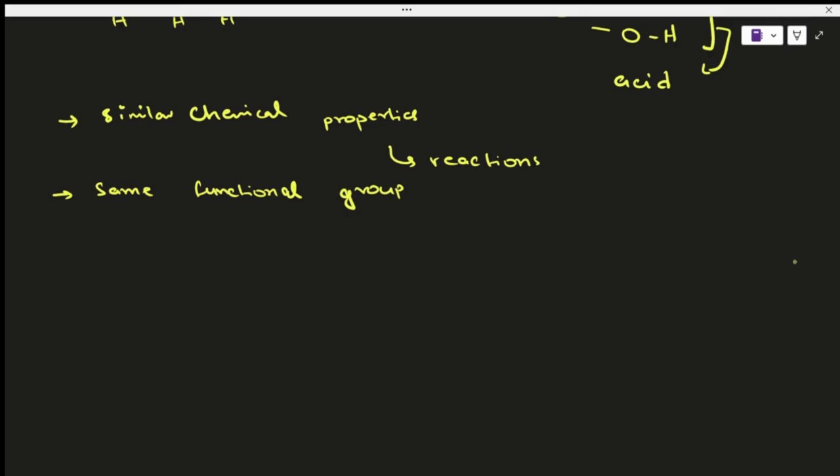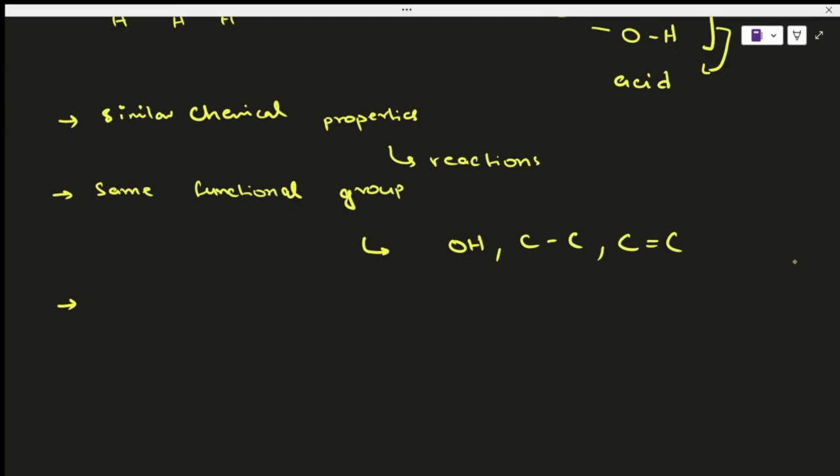So for the series of alcohols, the same functional group means all of the alcohol molecules are going to have an OH group. If I were to talk about alkanes, you have a single carbon-carbon bond. If I talk about alkenes, you're going to have a double carbon-carbon bond, right? So this is basically what this is all about. So we have two things: similar chemical properties, same functional group. The third thing you have is each molecule is the next member of the series.